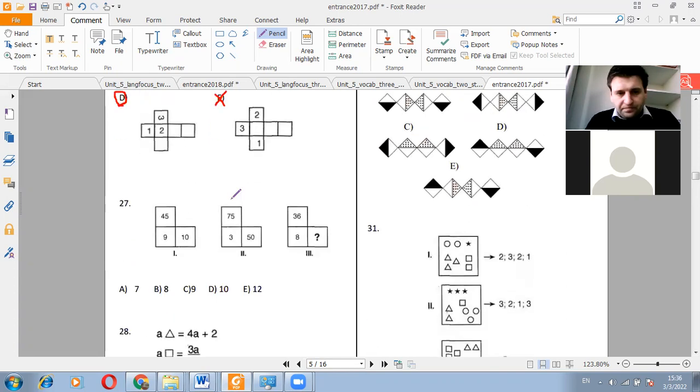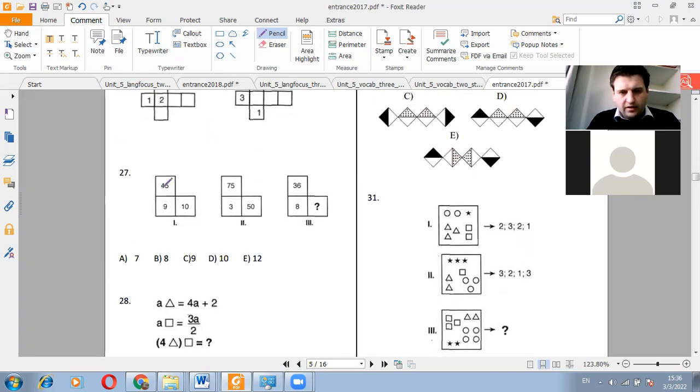Question 27. Okay, here we have numbers inside squares. So here again, there are two ways to solve this question. The first one is by division. So you divide these two numbers on the side.